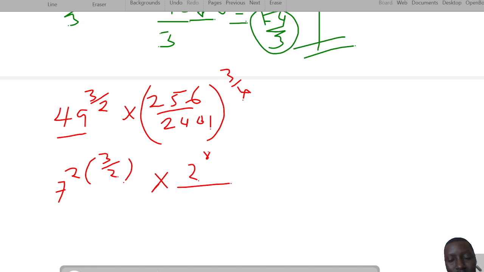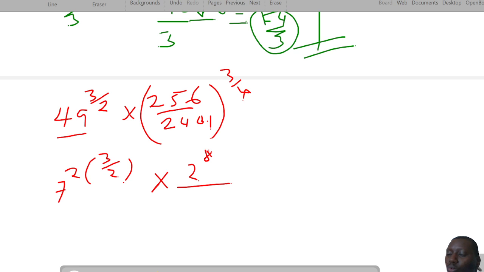Class, in Form 1, you looked at divisibility tests. When you are looking at divisibility tests, you know how to test which numbers can divide another one. Like when you look at 2401, 2 cannot be a factor because the last digit is not even, or it's not 0.